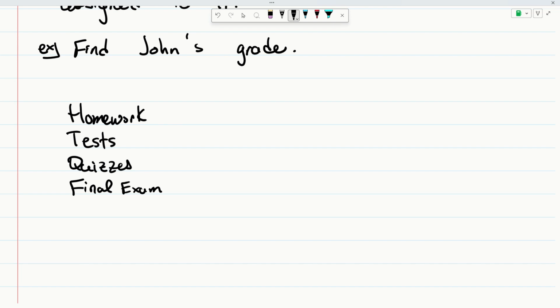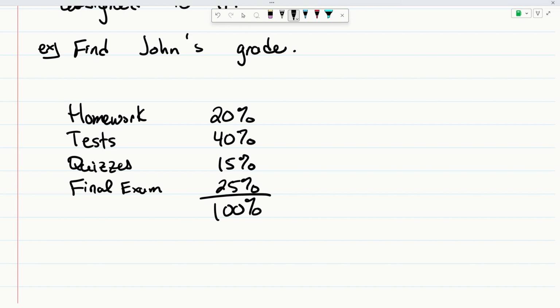Let me scroll down. Homework is 20% of our grade. Tests are 40%. Quizzes, 15%. And then the final exam is 25%. So if you were to add them up, 20 plus 40 plus 15 plus 25, this would get you 100% of our grade.